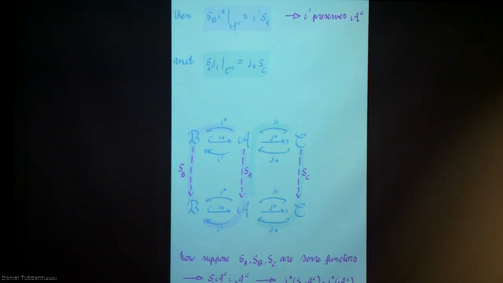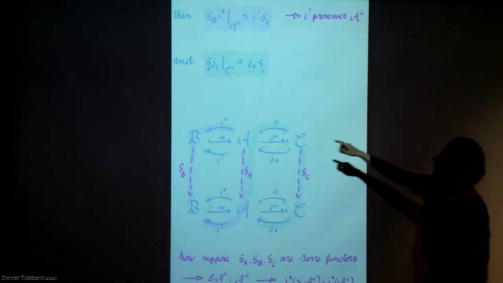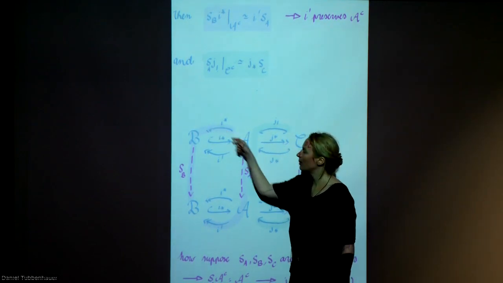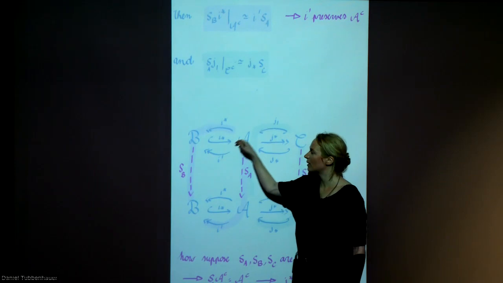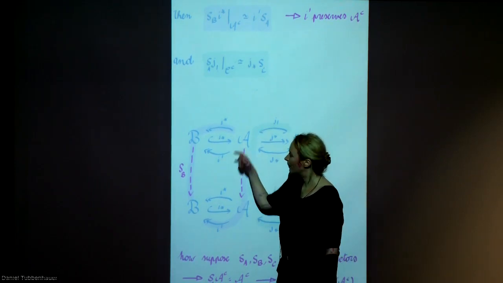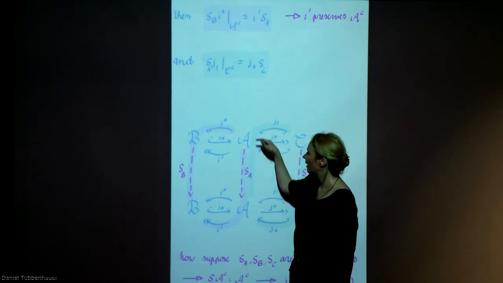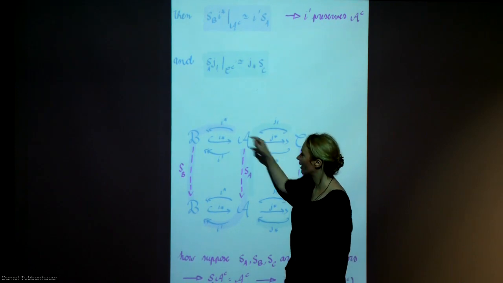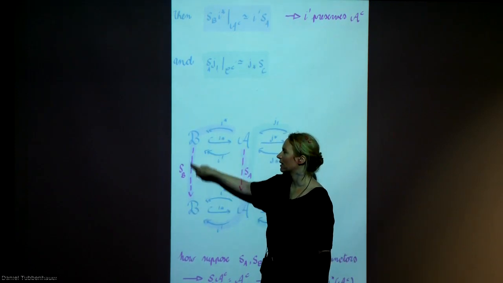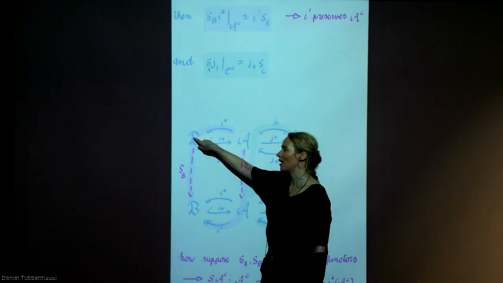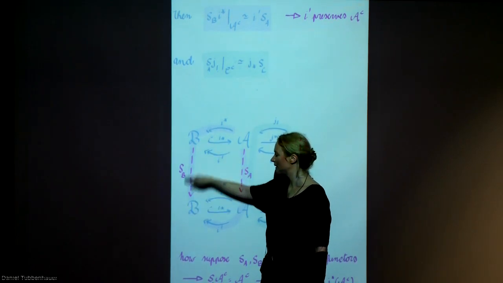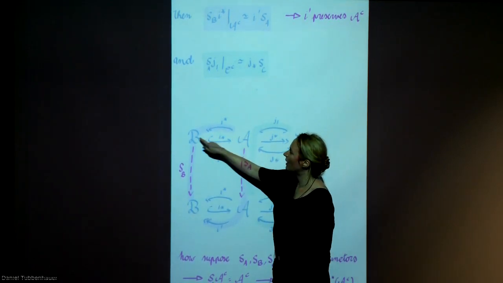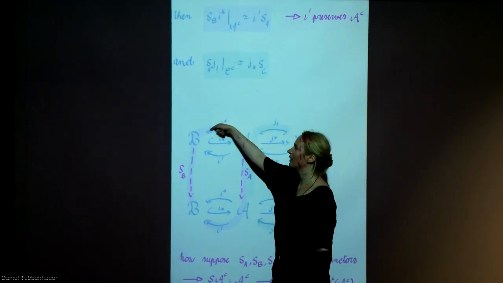Another consequence is that in fact, not only this one preserves compacts, but also this one preserves compacts. Because how do I prove that? Okay, the compact here actually comes from compact here and then a Serre functor. And the compact here comes from Serre functor here, like that.